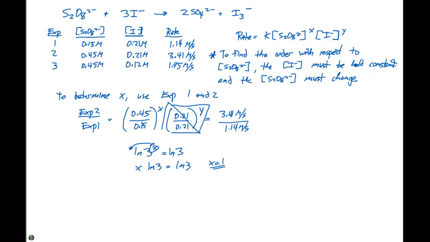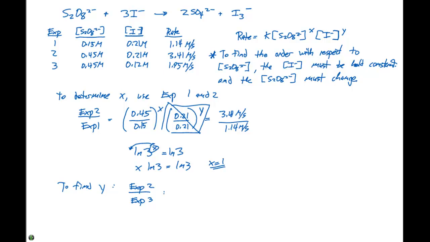Now we have to go back and do the same thing to figure out what y is, which is the order with respect to I-. For this, we need to keep the concentration of S2O8 2- constant and change the concentration of the I-. So to find y, we're going to use experiment 2 and experiment 3.